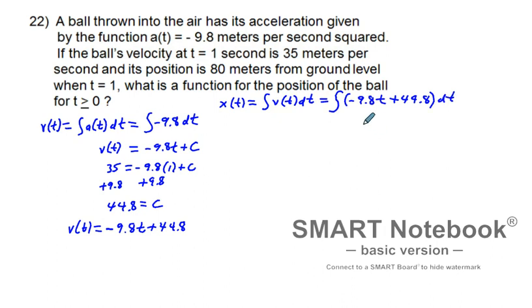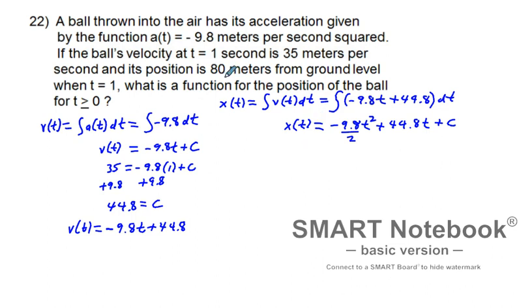Now we take our integral. So what we have is x of t, our position function, is equal to negative 9.8 t squared divided by 2 plus 44.8 t plus c. That's negative 4.9 t squared plus 44.8 t plus c.